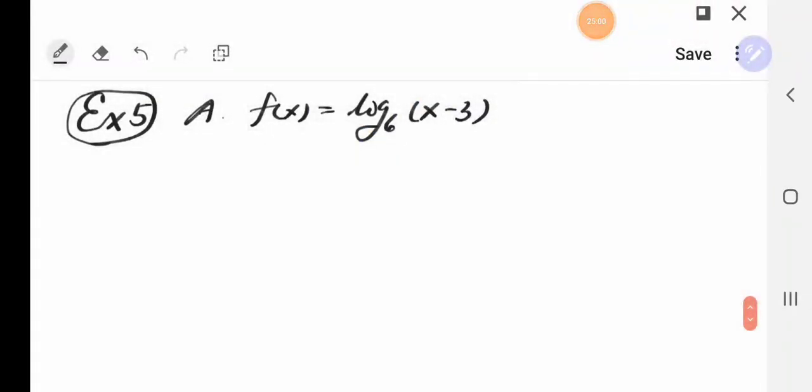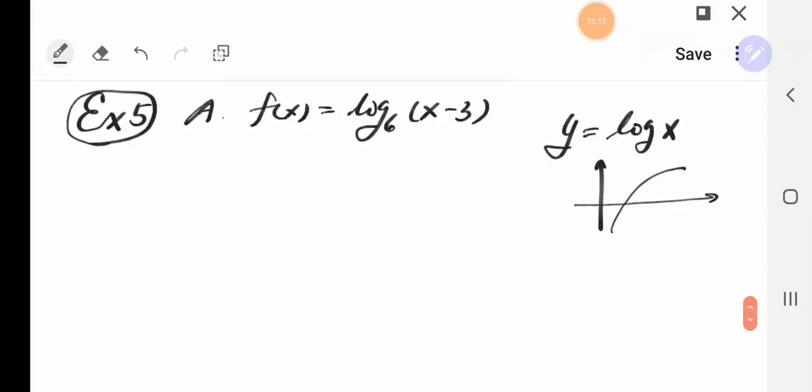Exercise 5. In this exercise, we will find the domain of the logarithm. Let's say y is equal to logarithm of x. Then the graph always looks like this, and the x-intercept is always 1. So when x equals 1, the logarithm is 0.